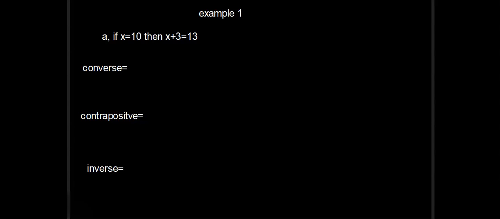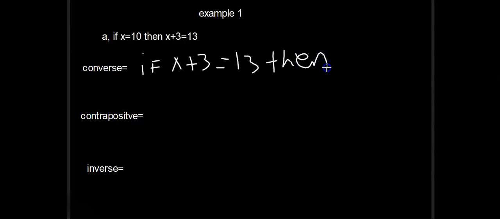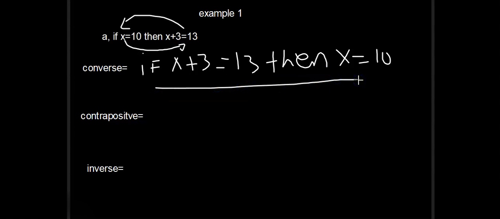So when I switch this, I get: if x plus 3 equals 13, then x equals 10. It's just switched up. This is what the converse is, and this is the whole idea of the converse.